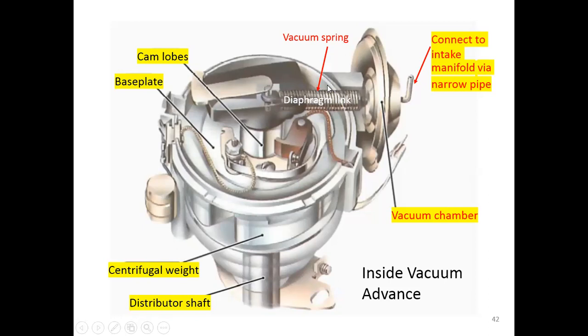All around the diaphragm link we have a vacuum spring that gives a force to resist the vacuum force from the engine, in order to adjust the position of the diaphragm so that the cam will move properly. When the cam moves, it will open and close the contact breaker point.